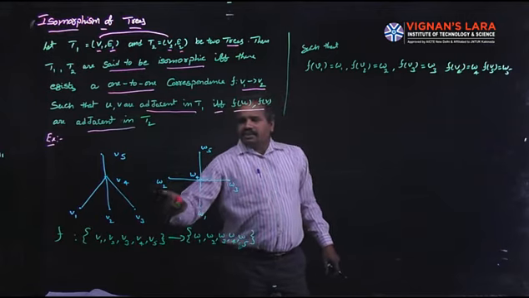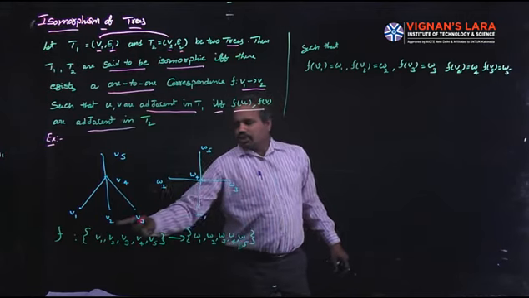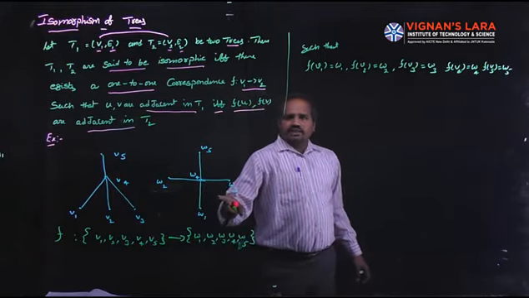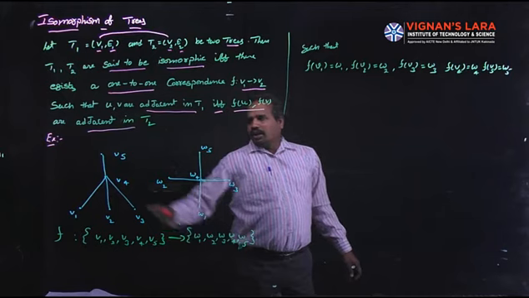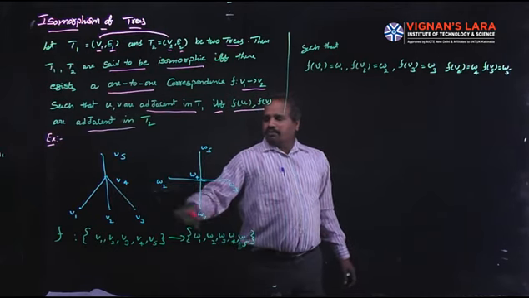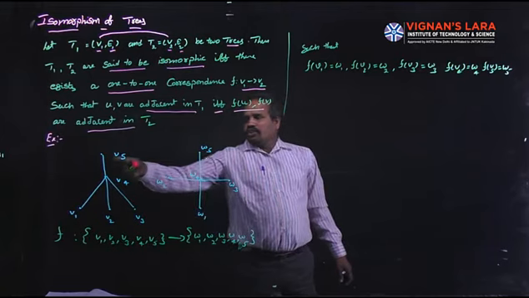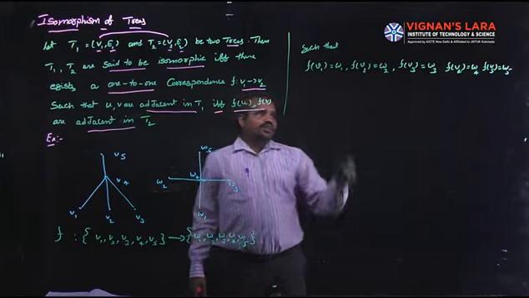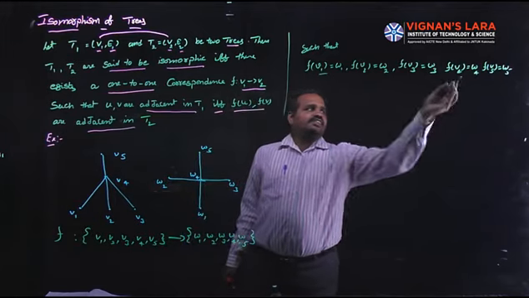V2 having degree 1, W2 having degree 1. V3 having degree 1, W3 also having degree 1. V4 having degree 4, W4 having degree 4. V5 having degree 1, so I mapped that with W5. So like this, I defined this mapping.